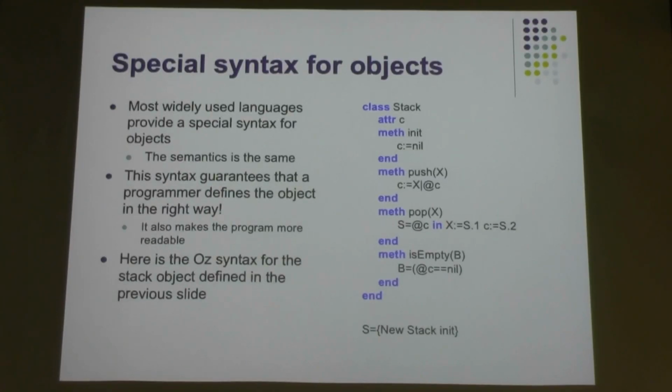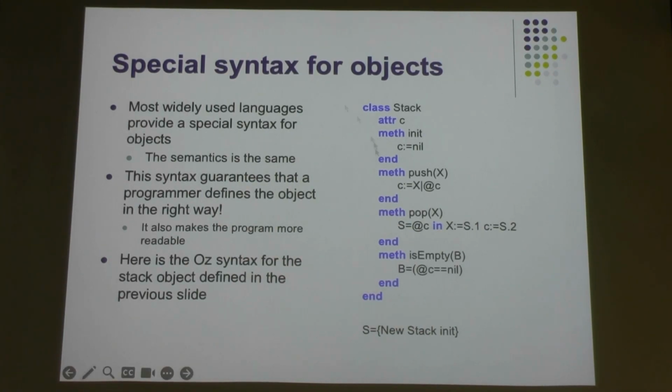Whereas most languages have a special syntax for objects. So the syntax kind of hides the semantics. Here is the Oz syntax, which is a little bit weird, but it's logical, even though it's weird. Class stack, attribute C, and you have a method, then the heading, and then the body of the method. So push X will do C gets X bar, value of C, and so on.